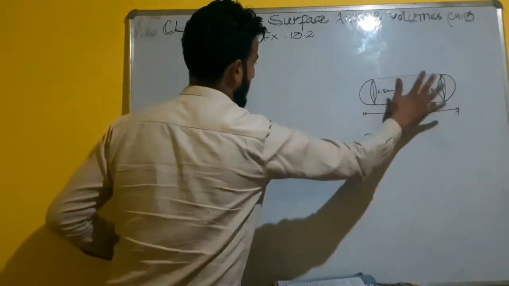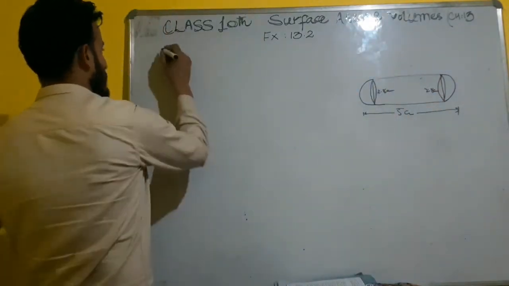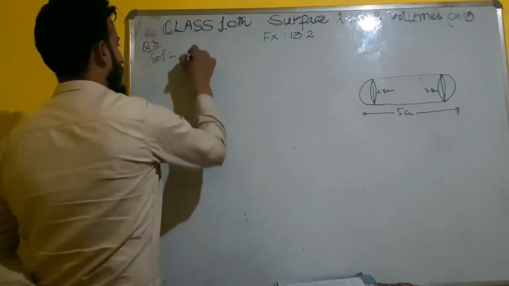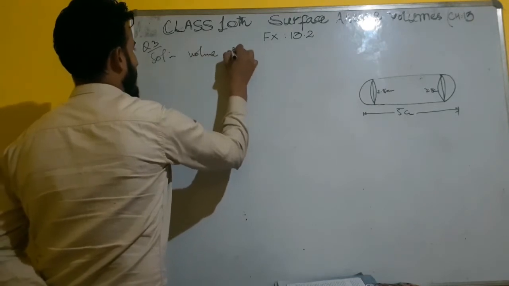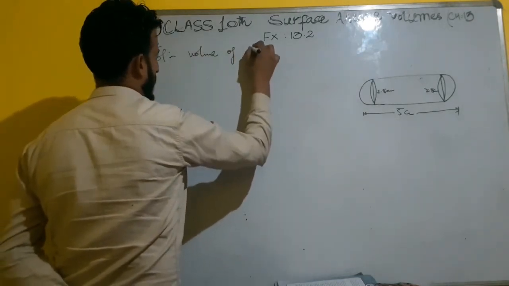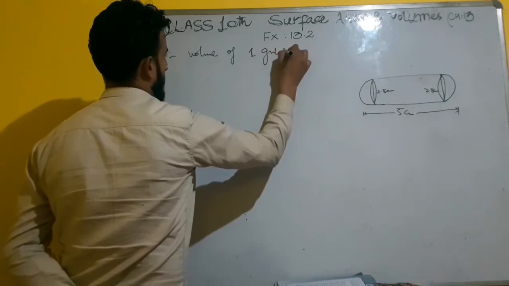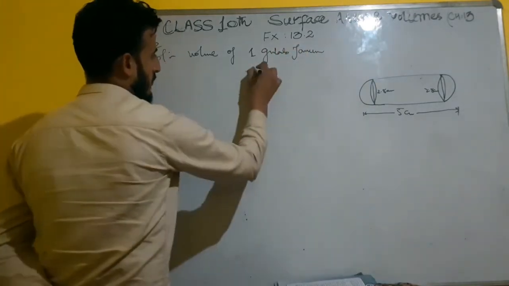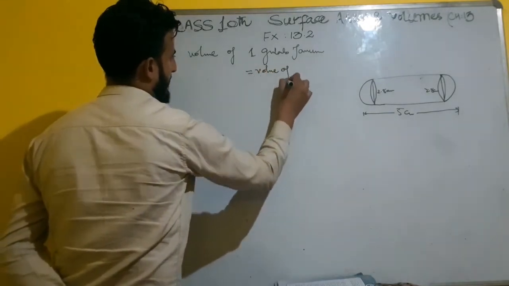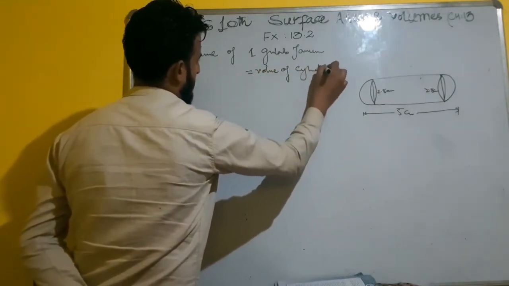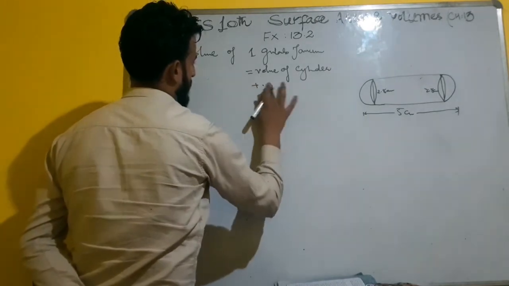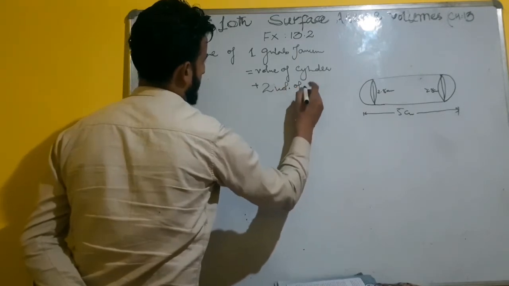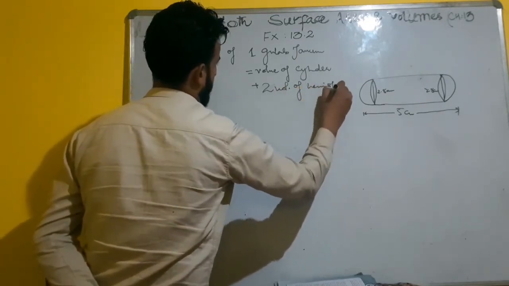It means we first find the volume of the whole gulab jamun. So solution, and this is question number 3, right? Volume of one gulab jamun will be equal to volume of cylinder plus twice volume of hemisphere.